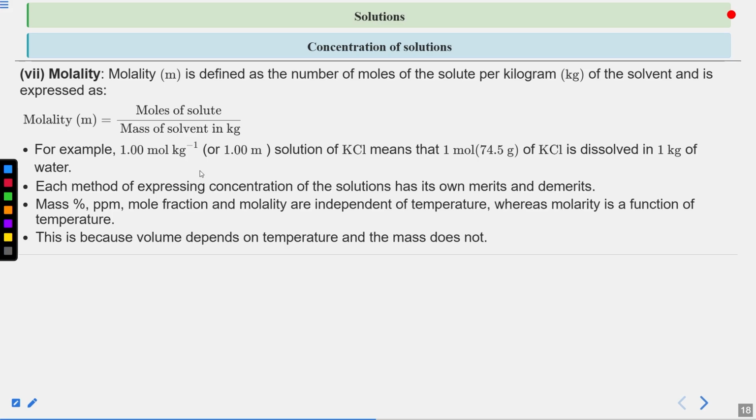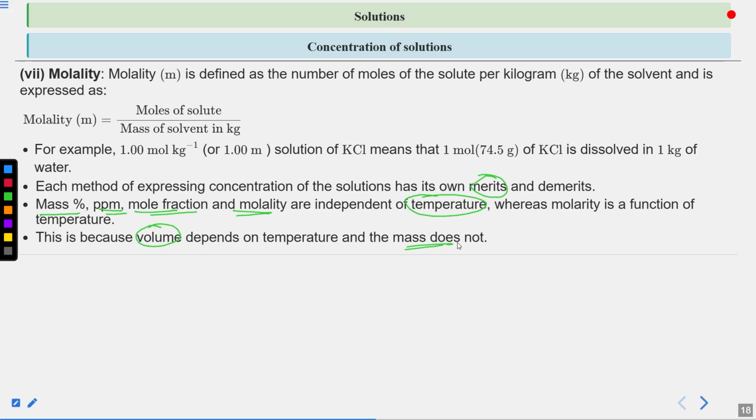Now we have seen various types of concentration terms, and each has its own merits and demerits. Some will be used in case of gas, some in case of solution. But an important thing is that mass percentage, ppm and mole fraction are independent of temperature, but molarity depends upon temperature, as the volume will change upon change of temperature, but not the mass.